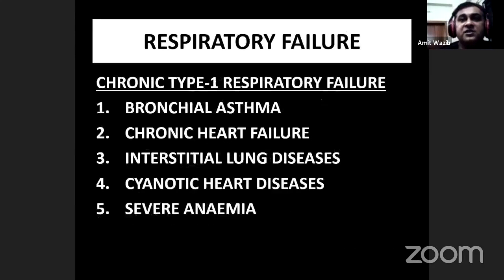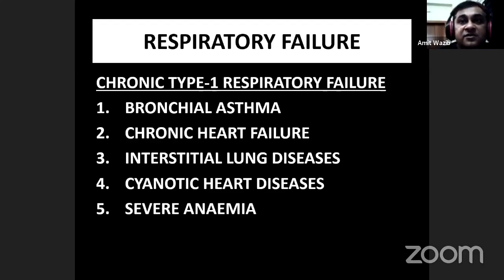And chronic type 1 respiratory failure occurs in bronchial asthma, not the acute ones, chronic heart failure, interstitial lung diseases, cyanotic heart diseases like tetralogy of Fallot, and VSD, ASD, PDA after shunt reversal. And of course, oxygen is mainly carried by hemoglobin. So severe anemia patients may also have hypoxia.